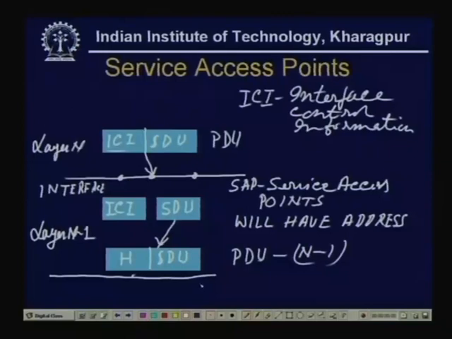So, this is how the two adjacent layers, layer N and layer N minus 1, can communicate through service access points, and essentially the unit of communication is the protocol data unit. That protocol data unit is passed on through the interface to the lower layer, which is interpreted with the help of the interface control information. It takes out the service data unit, and again it makes another protocol data unit by adding the service data unit along with a header that can be communicated to the next layer. So, this is how the service access point works.